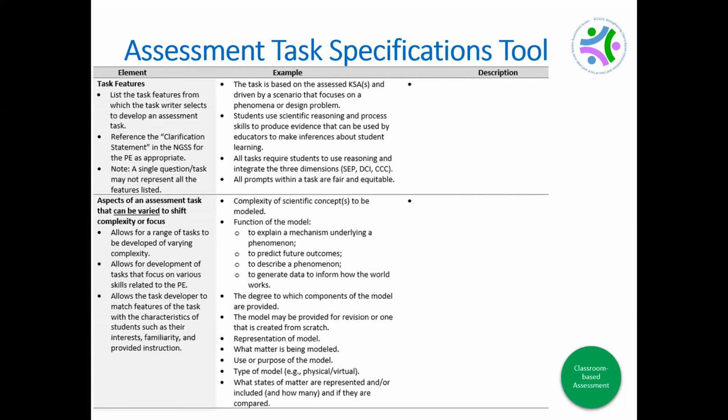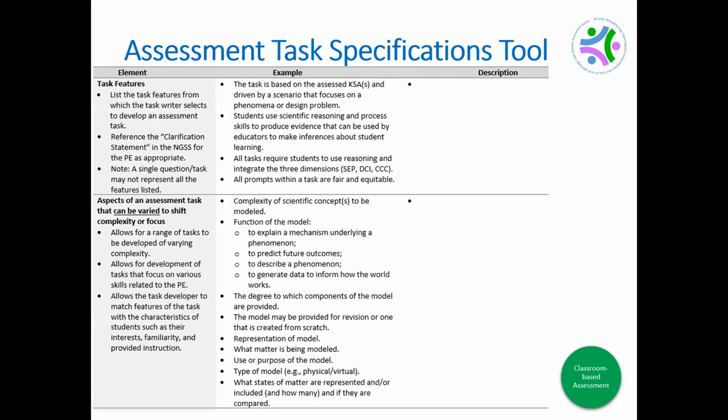So what are some things that can be varied to change the complexity or the focus of the task? And also ways in which teachers, for individual learners, can think about how to use these features of the task in variable ways. So possibly we might give different degrees of background information.